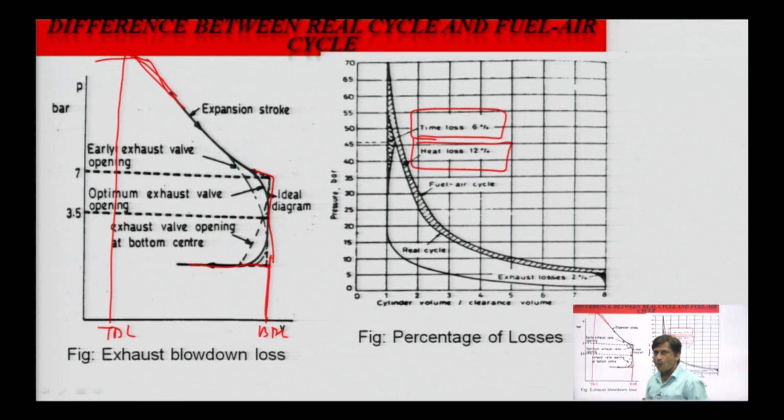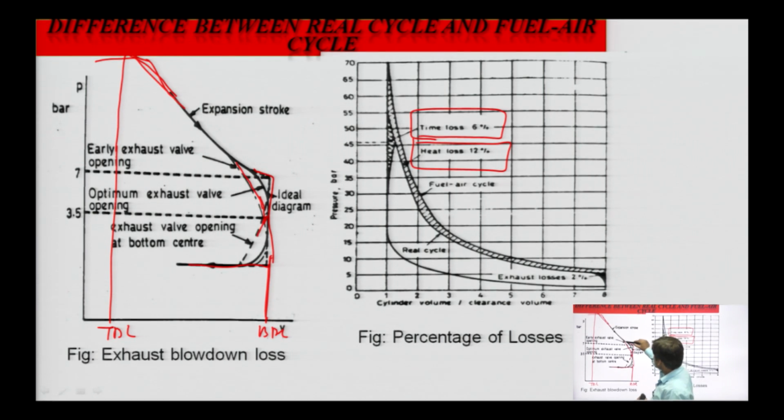But we open the valve before bottom dead center to give time, so that the combustion products collected can go out into the surroundings. So, if we open the exhaust valve early here, the diagram will be followed like this.